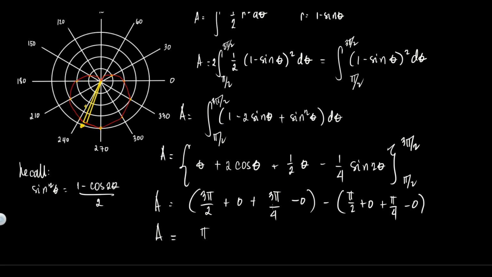So, ilan yun? It's 0.5 or pi over 2, plus pi over 2. Correct? So, ilan to? This is equal to 3 pi over 2 square units. So, ayan yung area ng cardioid. Okay? Madali lang, no? So, may mga konti lang na mga identities, mga trigonometry dito. Okay? Yes.